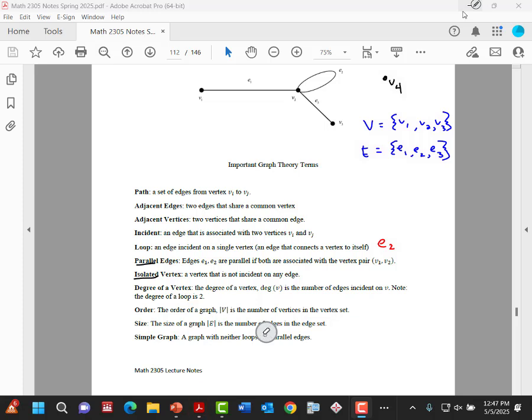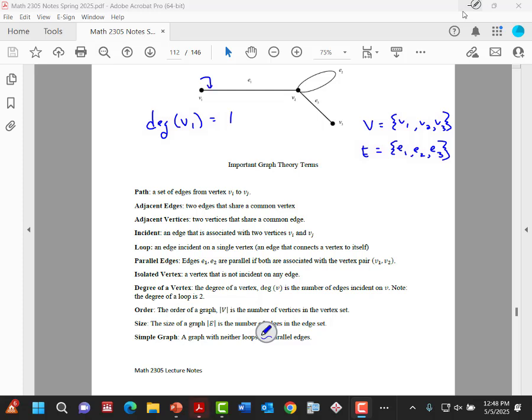Now, the degree of a vertex is a very important definition. The degree of a vertex, notated deg(V), is the number of edges incident on V. Note, the degree of a loop is 2. So if I take a look at this graph that's above me right here, the degree of V1 is simply 1.